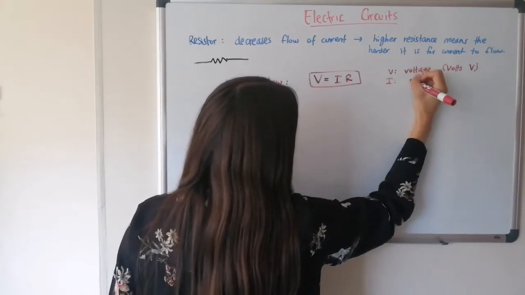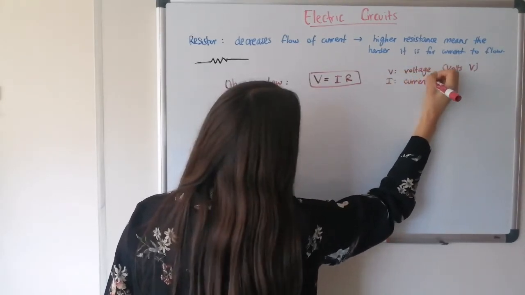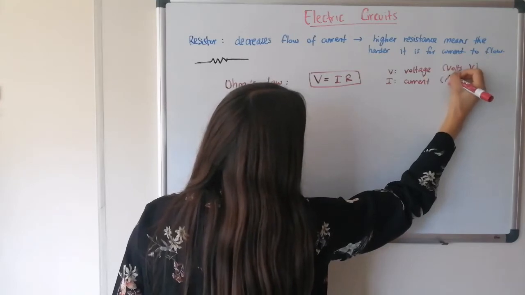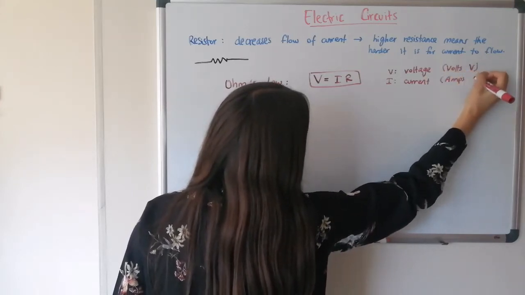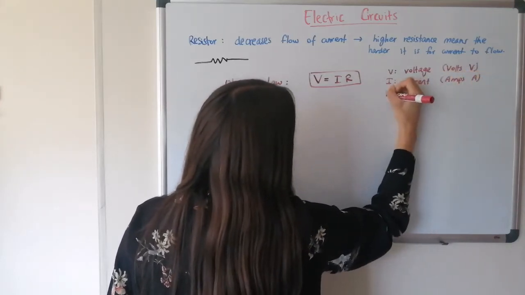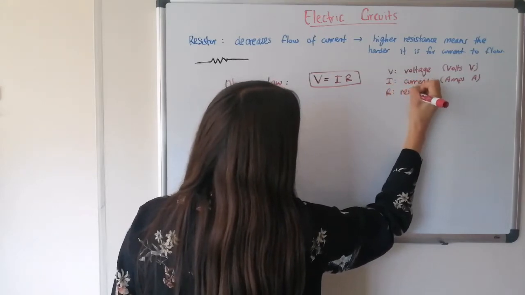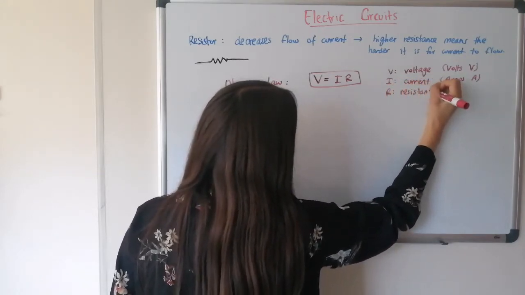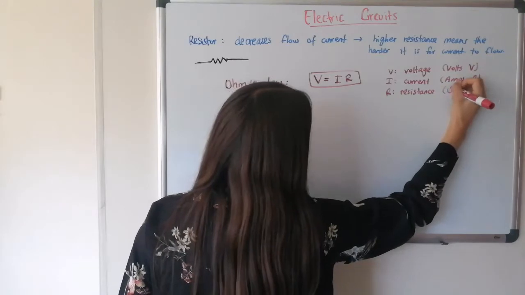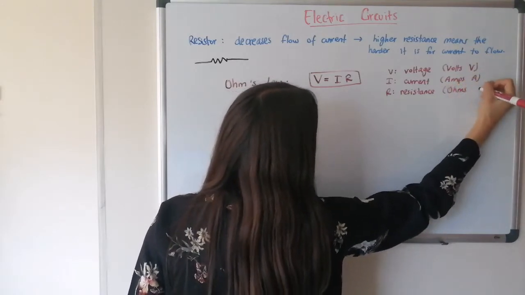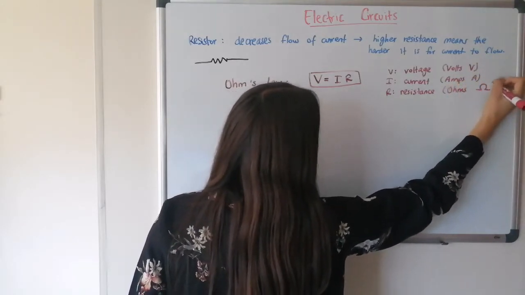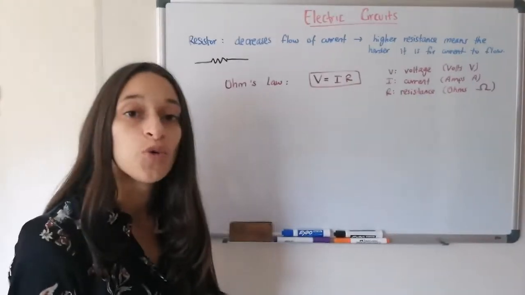I is the current passing through, and it's given in amperes, A. And R is the amount of resistance in the resistor, and it's given in a unit called ohms, and the symbol is the Greek letter omega.